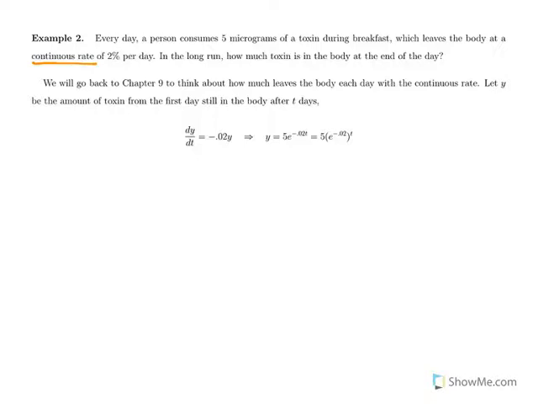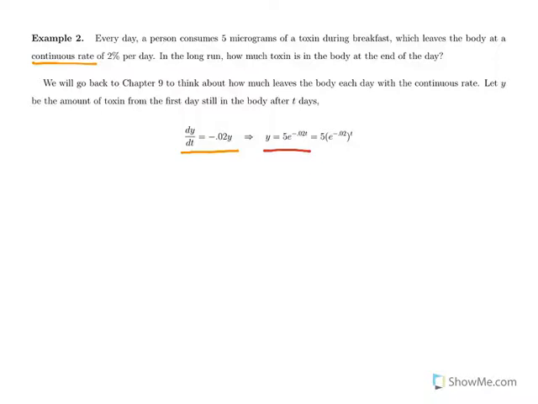So the derivative, we know that we're going to lose 2% of whatever's in the body at that time. So the differential equation is dy/dt equals negative 0.02y. And we know the solution to that differential equation is y equals 5e^(-0.02t). 5 is the initial value, and then we decrease at the 0.02 rate per day.